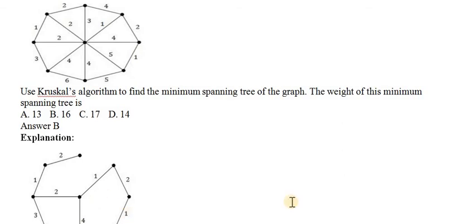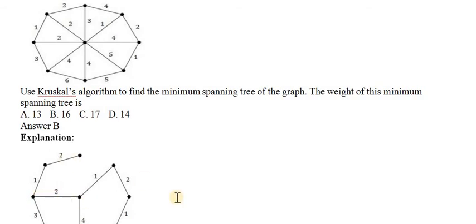After that, is there any more 2? Yes, I can take 2. Now here we have 2, here we have 2, here we have 2. You can take any. Suppose I'm taking this one. After connecting this one, I can take either this 2 or this 2. Suppose I am taking these 2.